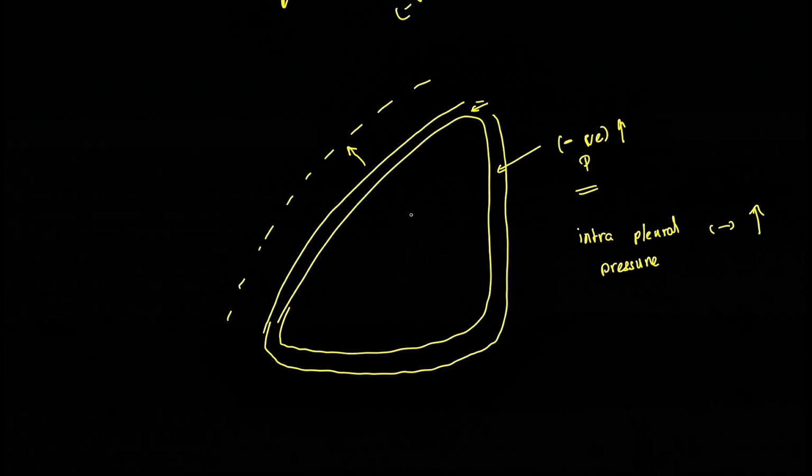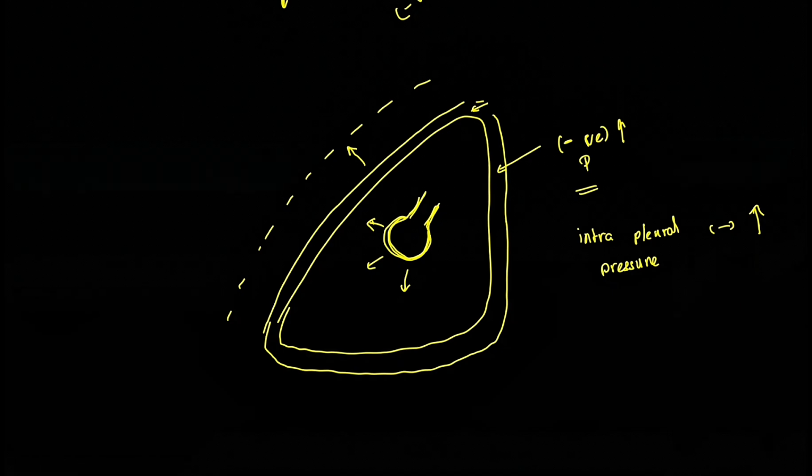Then we have the alveoli inside of the lungs, right? When these alveoli expand, they have a small amount of air inside, and due to that, there will be more space inside of the alveoli.